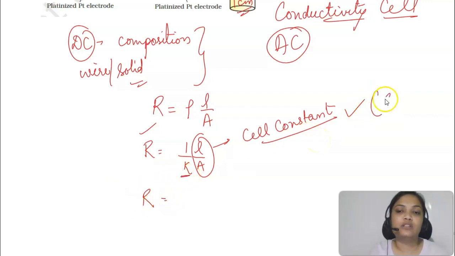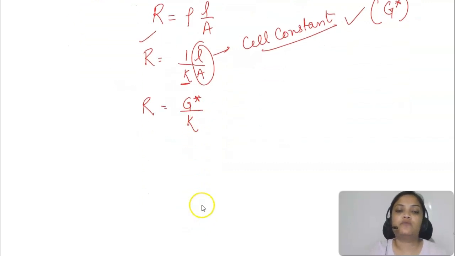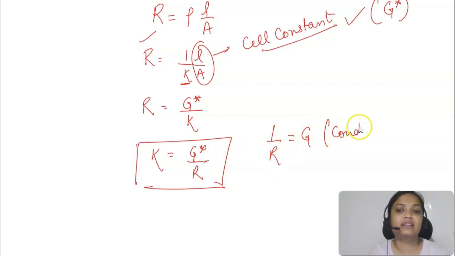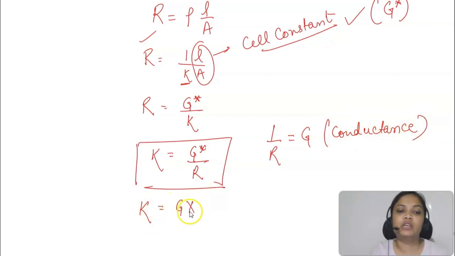This cell constant is denoted by G star. So R equals G star upon kappa, and here we get kappa equal to G star upon R. Now you know that 1 upon R is G, that is conductance. So from here, the kappa value comes out to be G into G star.